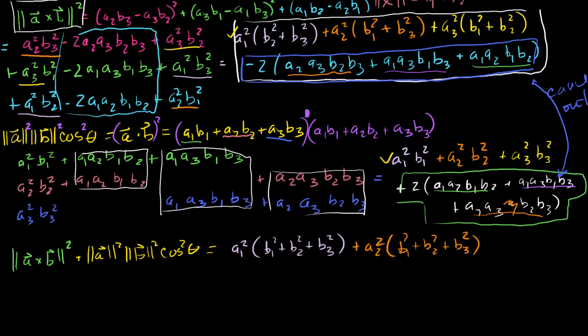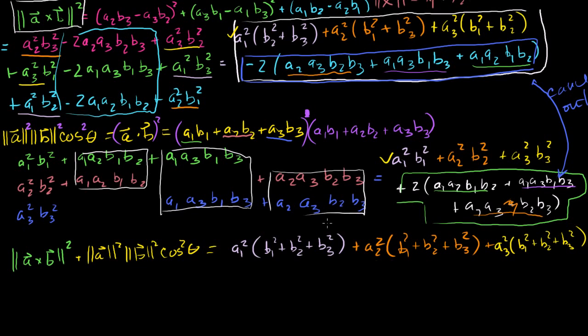And then finally, in yellow, you have plus a3 squared. Sorry, I'm trying to do that in yellow. You have a3 squared, and you have b1 squared plus b2 squared plus b3 squared. And if you see, we're multiplying all of these things by this b1 squared plus b2 squared plus b3 squared.